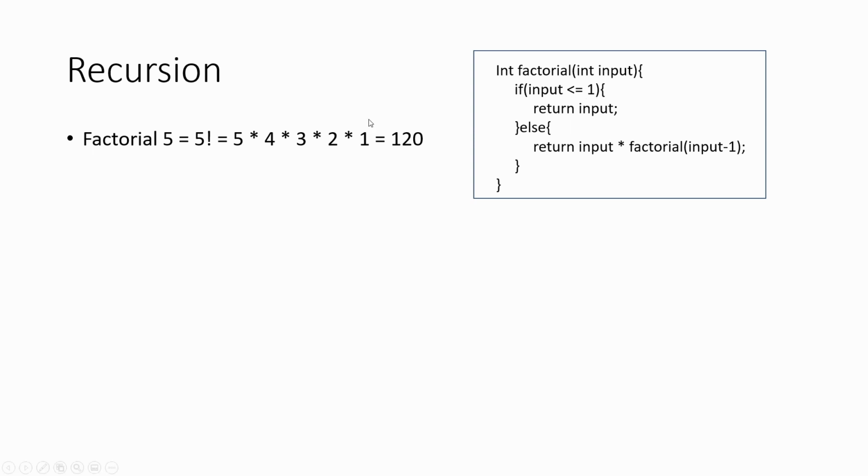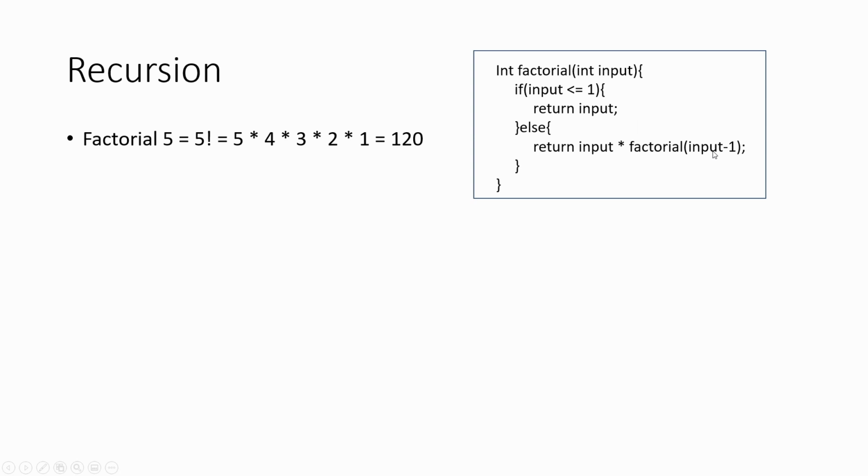So instead of calling factorial again and passing in a lower value, we want to just go ahead and return 1. Otherwise, we're going to return the input, which is this input right here, times the factorial of input minus 1.